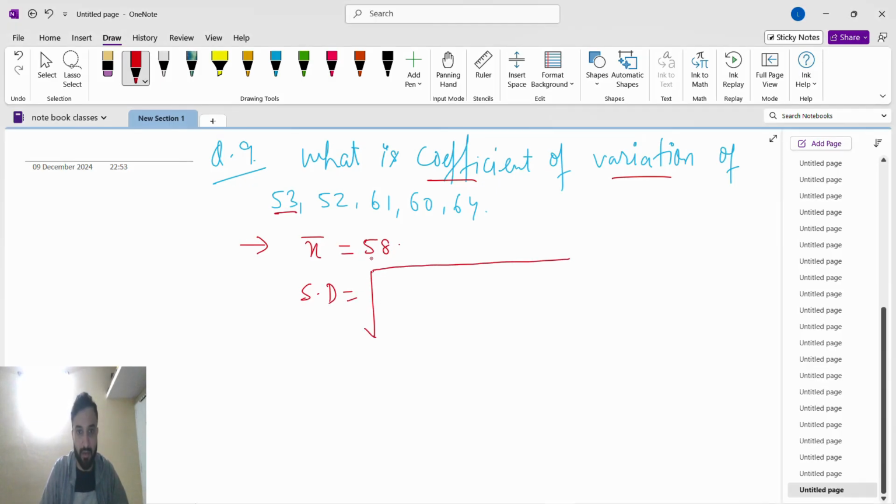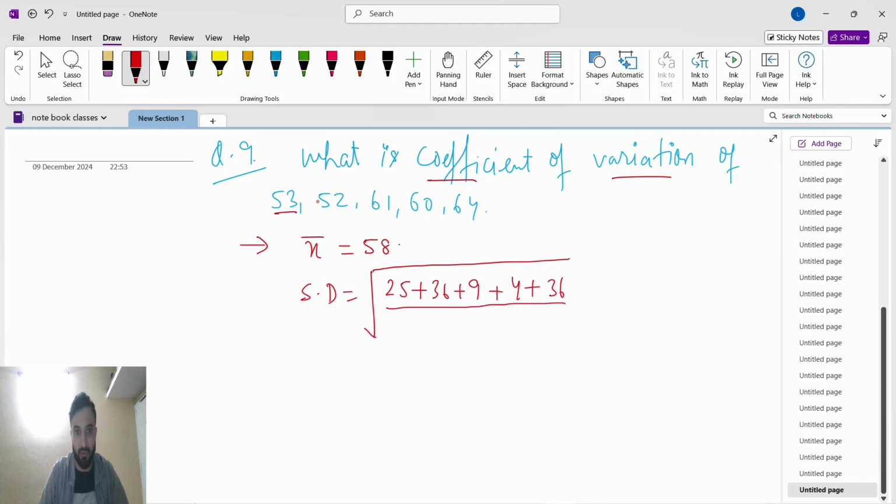So x1 minus x bar: 53 minus 58 is 5, 5 square is 25. Plus 52 minus 58, 6, 6 square is 36. Plus 61 minus 58, it's 3, 3 square is 9. 60 minus 58 is 2, 2 square is 4. Plus 64 minus 58 is 6, 6 square is 36.